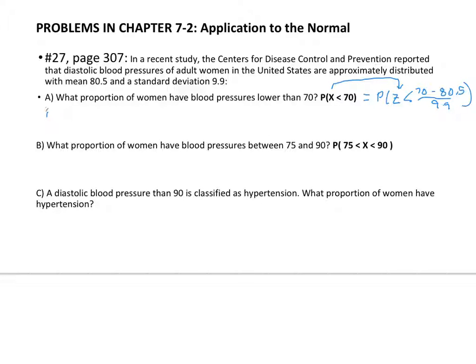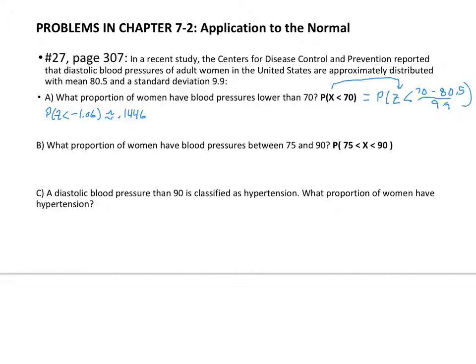The probability that z is less than, after we do the calculation, negative 1.06. And when we look this up on the table A2 under the standard normal, this is approximately equal to 0.1446.